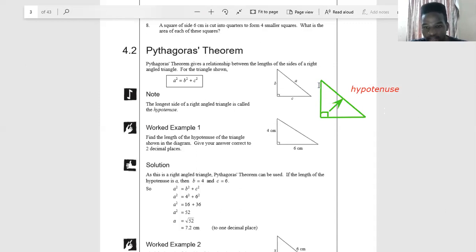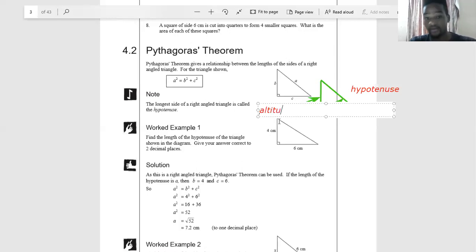And then another side, this side, if you're facing the triangle as you are right now looking at your phone, this side here, we call it your altitude. We call it your altitude, but we'll use different terms, guys.